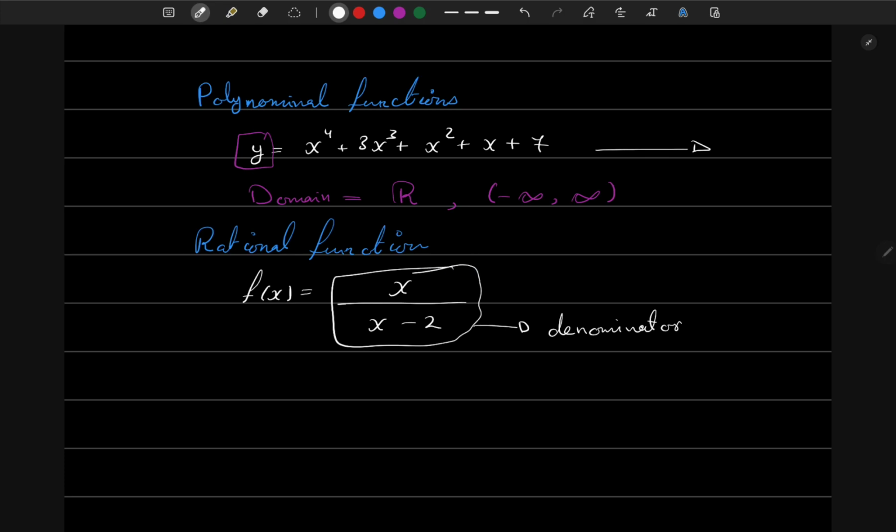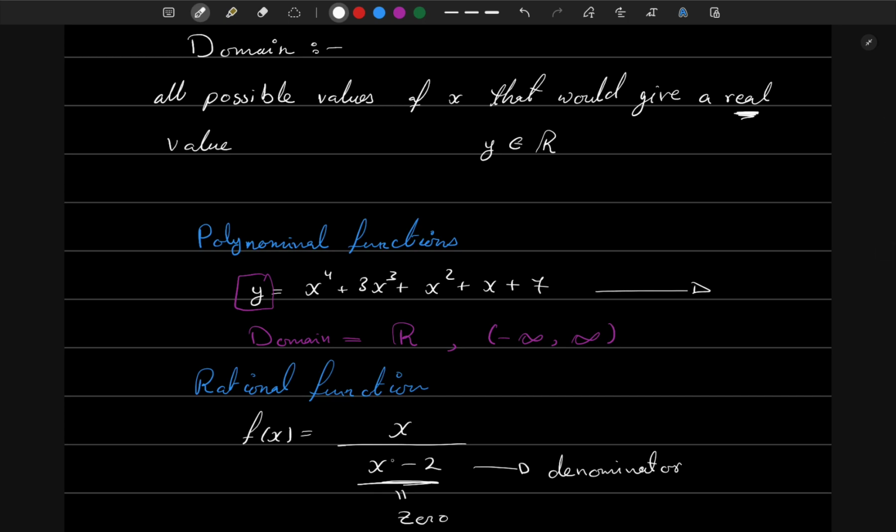When that case happens, I cannot solve this fraction. And this case is when the denominator equals 0. You cannot divide by 0. And so this function can work for all values of x except when a value of x makes the denominator equal 0.